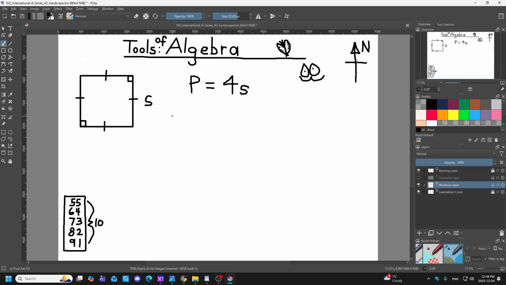All right, the area now equals S squared. Side times side equals side squared.